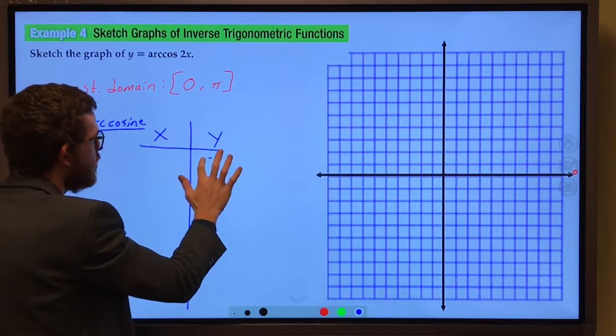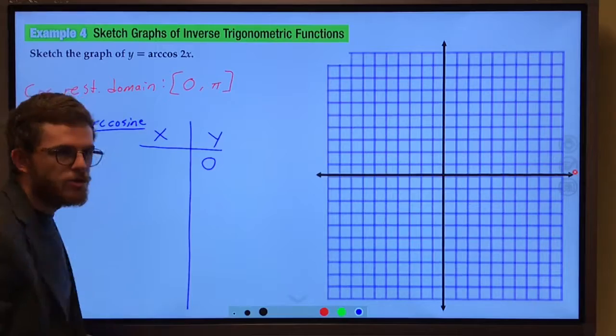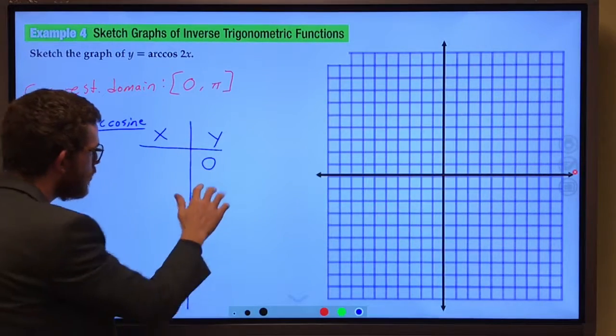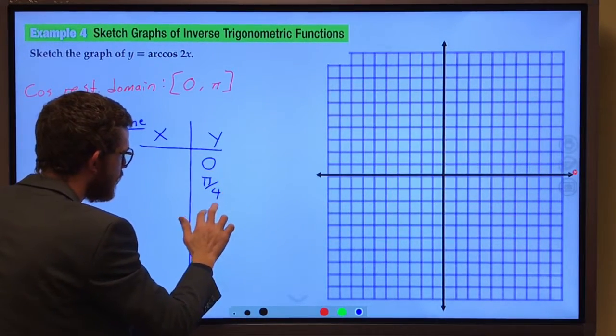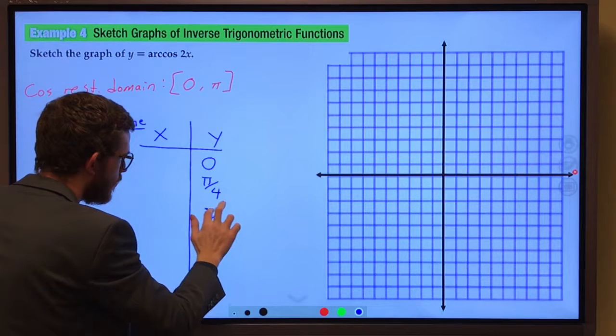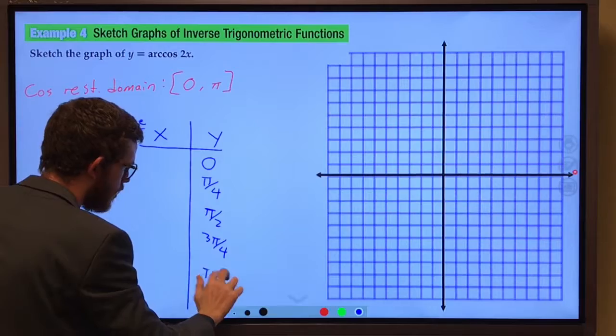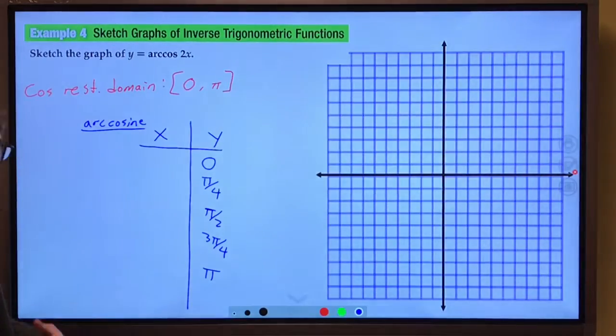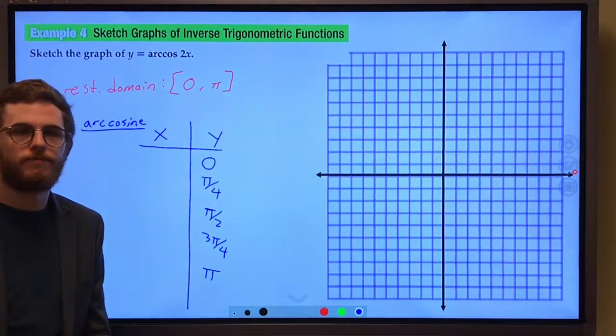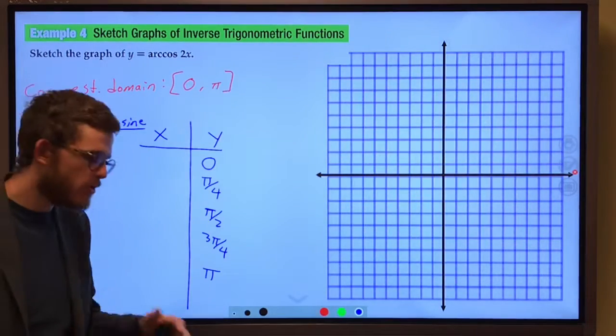So I'm going to fill that in. 0, I'm just going to decide to count by pi over 4s. You could be more specific. You could add some pi over 3s or pi over 6s, whatever you want to do there.